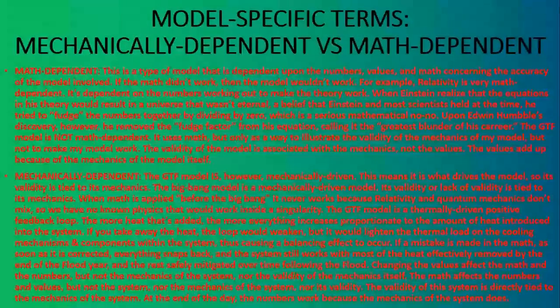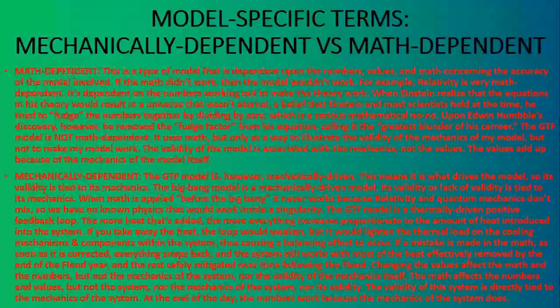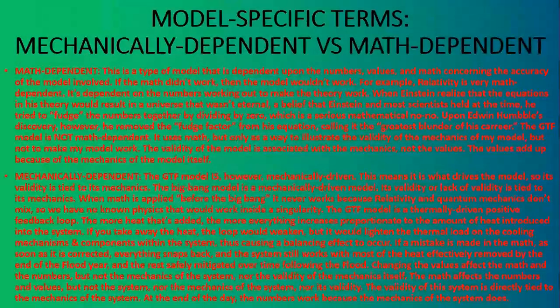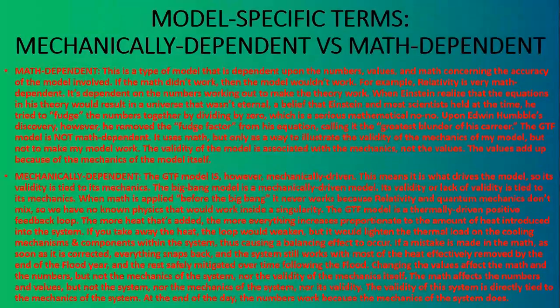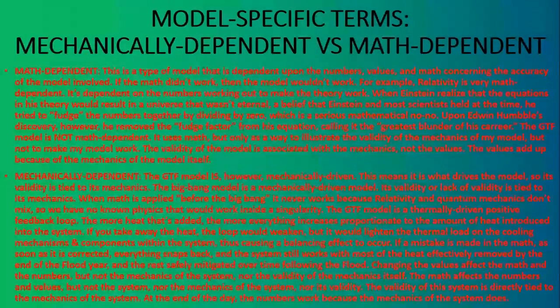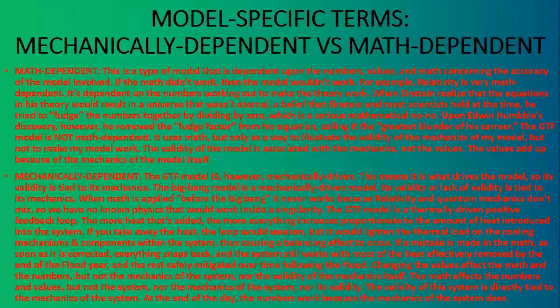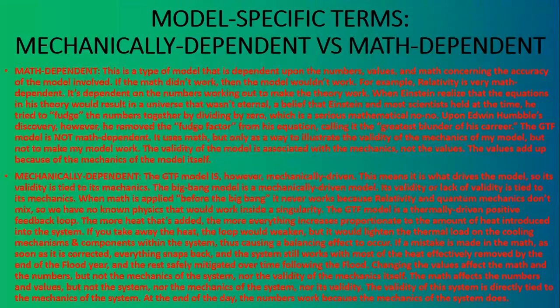When Einstein realized that the equations in his theory would result in a universe that wasn't eternal, a belief that Einstein and most scientists held at the time, he tried to "fudge" the numbers together by dividing by zero, which is a serious mathematical no-no.